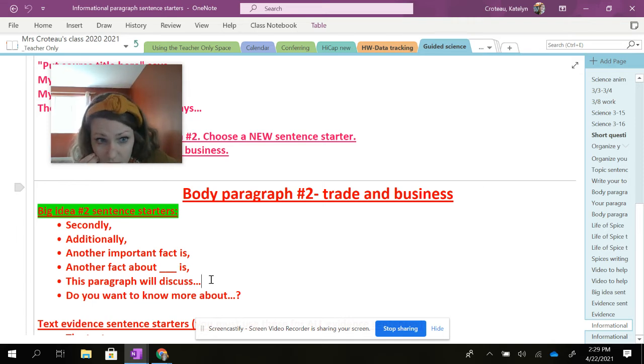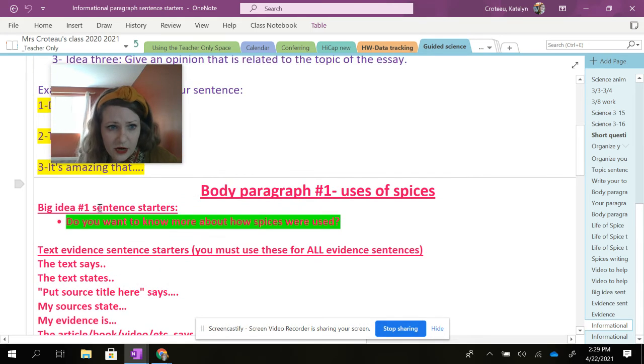So to summarize, your job is to make sure you have a big idea sentence for body paragraph 1. Body paragraph 1 is about the uses of spices. So you want to make sure that you're telling me something about how spices were used here.